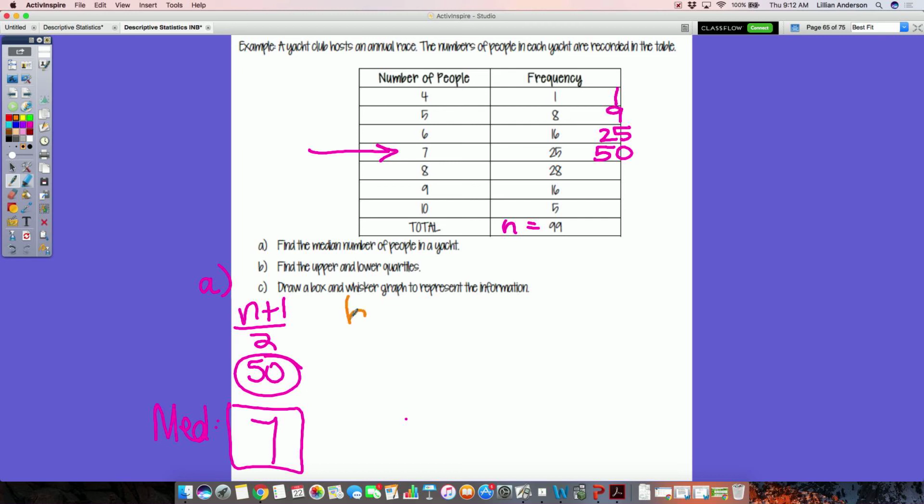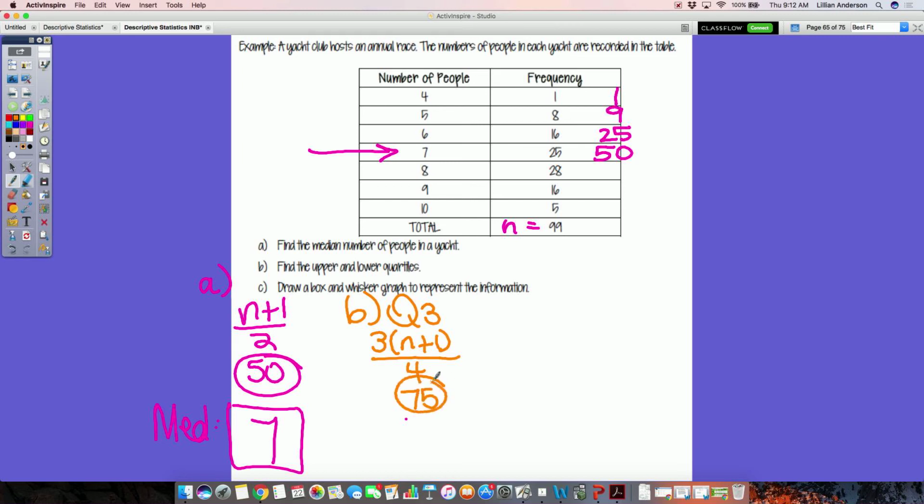Now let's find my upper and lower quartiles. Upper, Q3. We know the formula is 3n plus 1 over 4. What is going to be that number once we type everything in? 75.